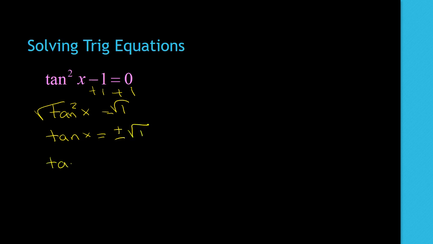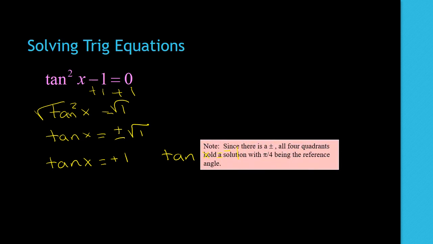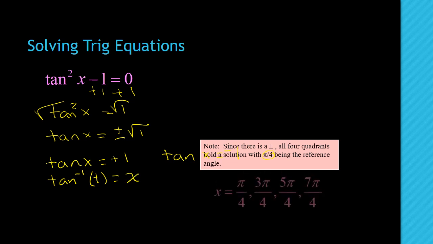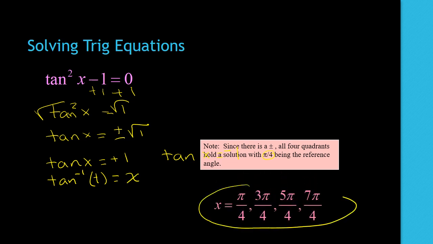So we have tangent of x is equal to positive 1, and the tangent of x is equal to negative 1. Okay, so this includes all 4 quadrants, and we have pi over 4, because remember we're looking at the tangent inverse of 1 will give us our x. Okay, so that gives us all of these values.